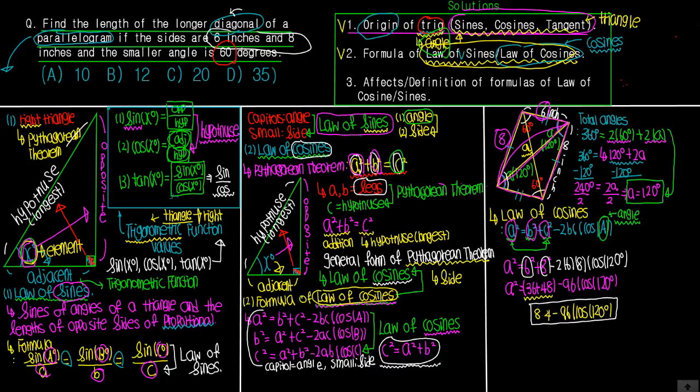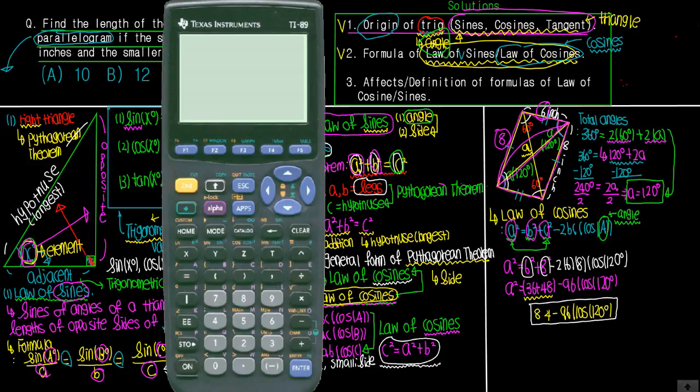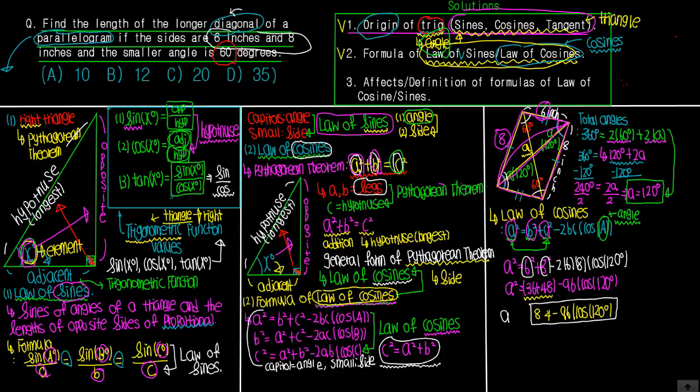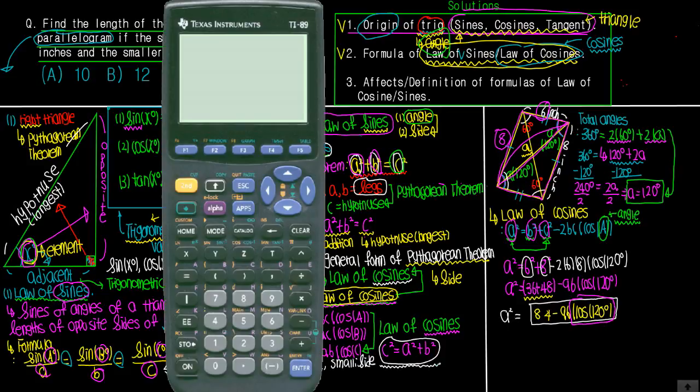So let's put our calculator out. a squared is equal to the expression with cosine of 120 degrees. First, let's think about what cosine of 120 degrees is.